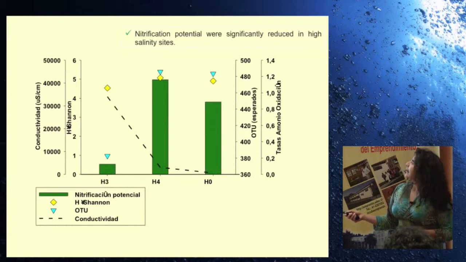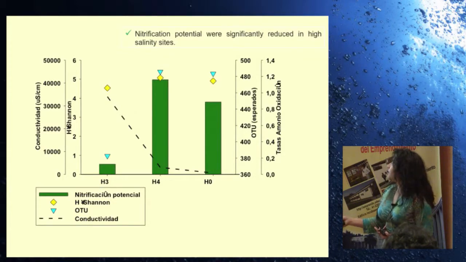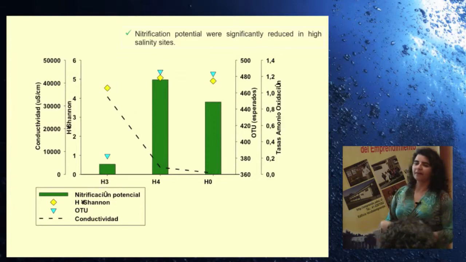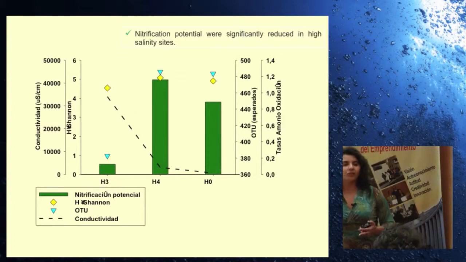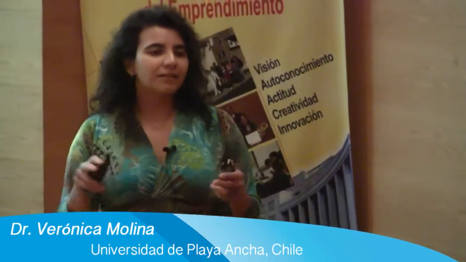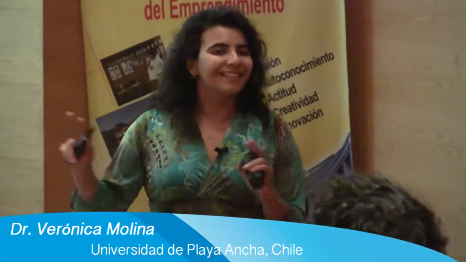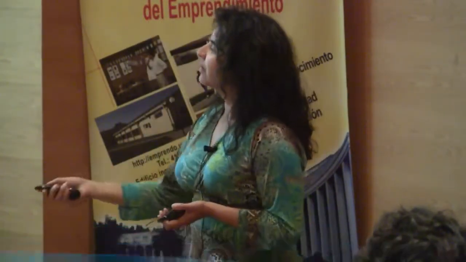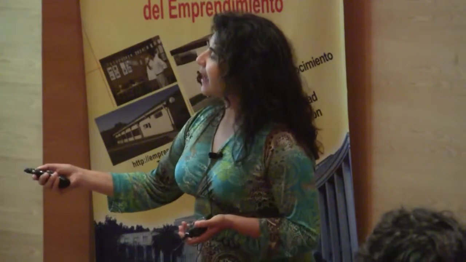Compared to these other sites with less conductivity, we can more or less support what has been seen in other environments such as estuaries. So it could be just salinity in this case, because there was not a significant trend in ammonium. This low richness site has a low nitrification potential as well.